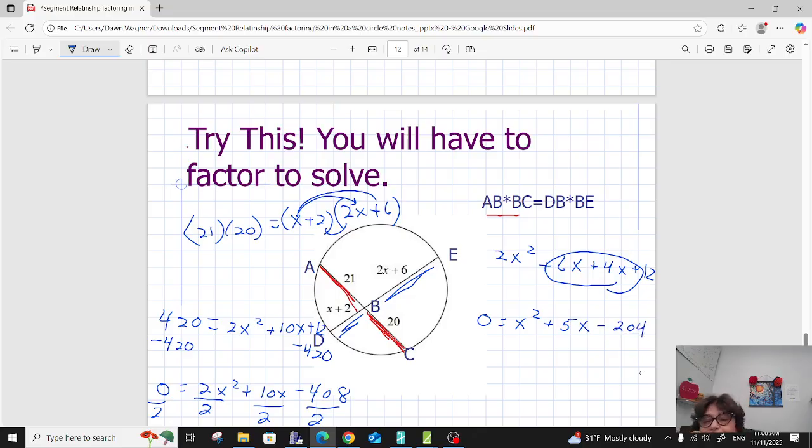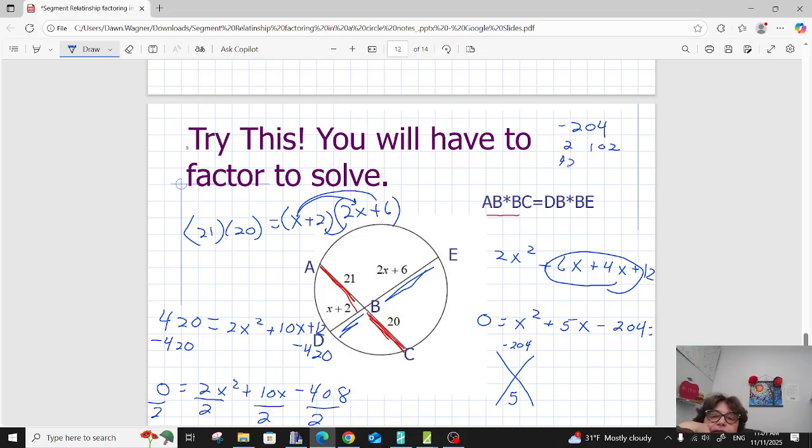Now I'm going to have to play with factors of 204 because if I do big X, this will be negative 204. This will be positive 5. So one set of numbers we'll have to subtract because this needs to be negative. Let's see. What's half of 204? That'd be 102. And, oh, so 4 can go into that.